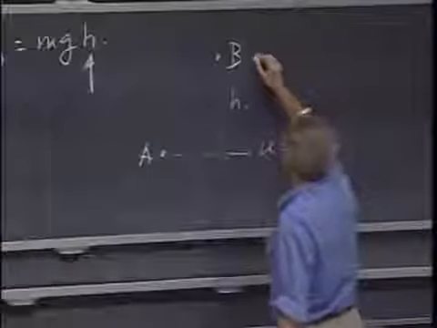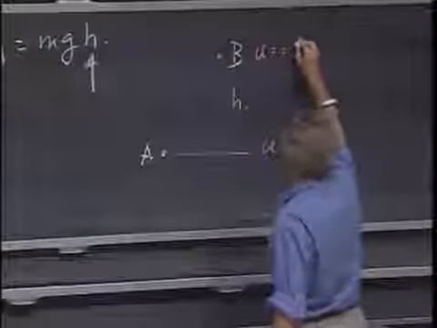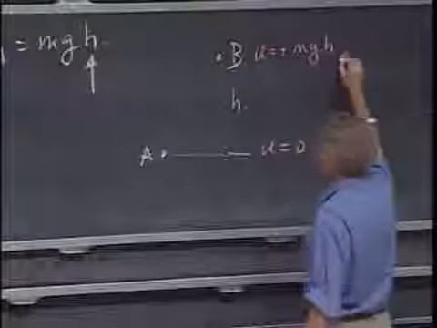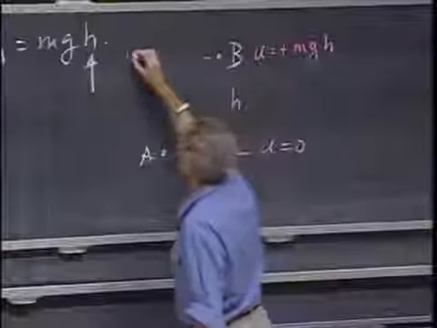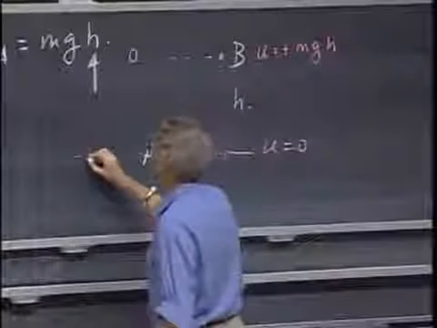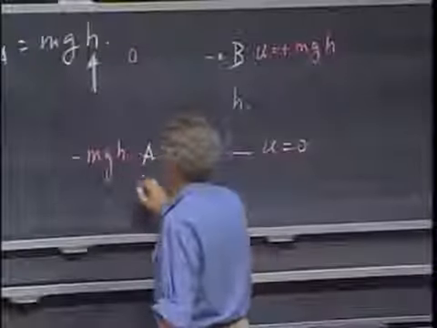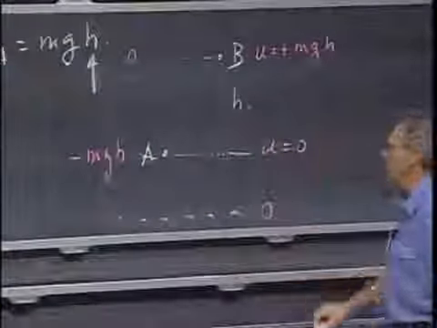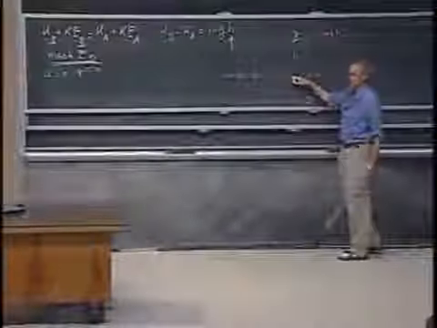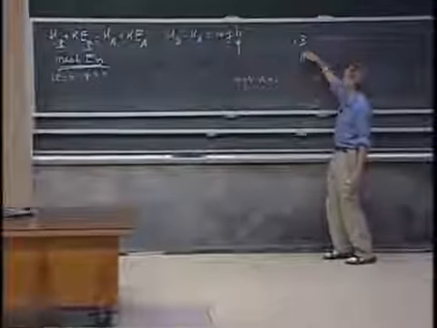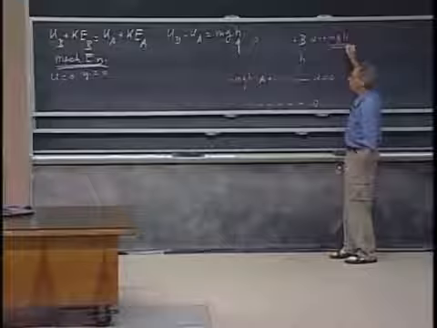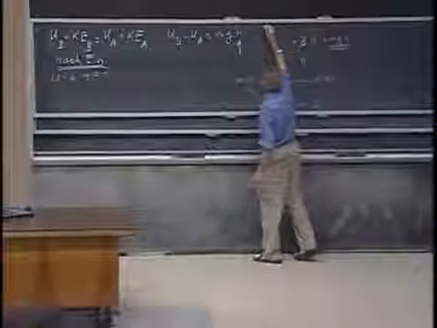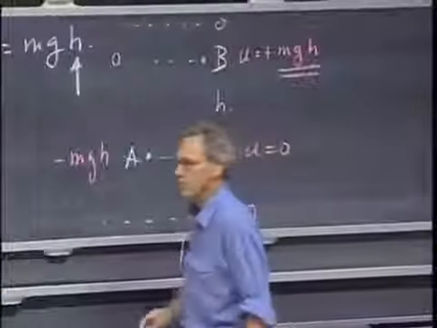Then you would have to call this u plus mgh. If you say, no, I don't want to do that, I want to call this 0, that's fine. Then this becomes minus mgh. If you prefer to call this 0, that's fine too. Then this will have a positive gravitational potential energy, and this will have one that is higher than this one by this amount.